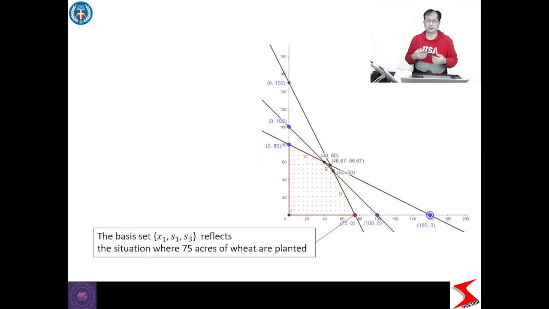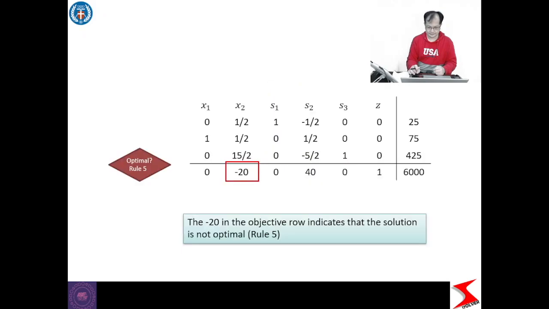If we use the figure to show what happened in this case, originally x1 equals 0, x2 equals 0, right? And now we shift from this point to this point. Now is this one the optimal solution or not?